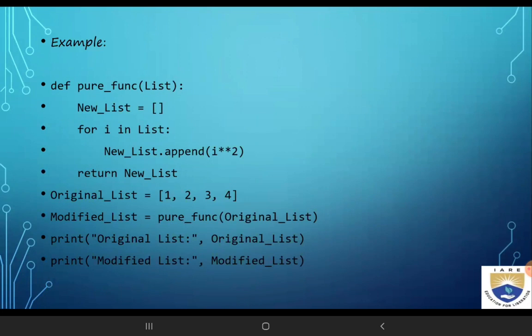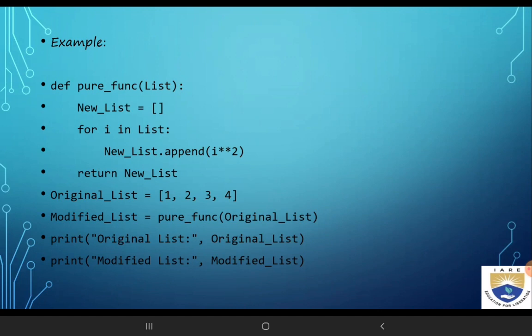For example, this is a program using a pure function for a list. Definition pure function list, and it gives a new list equal to an empty list, uses a for loop over the list and appends the number, and it returns the new list.